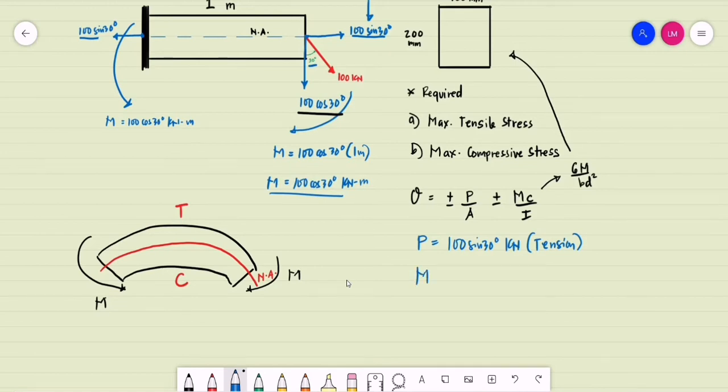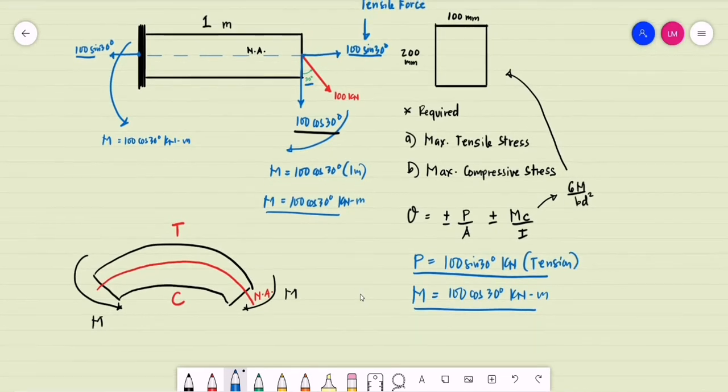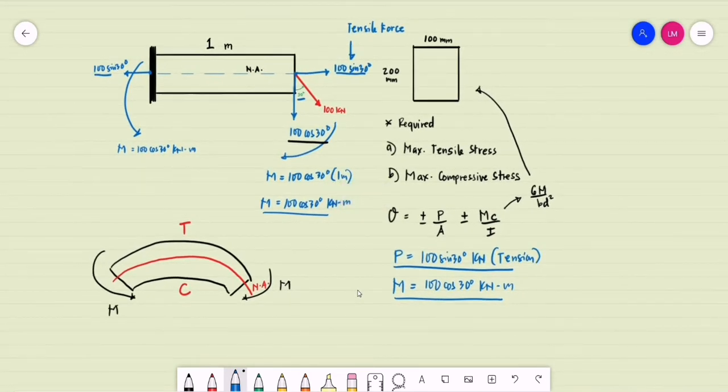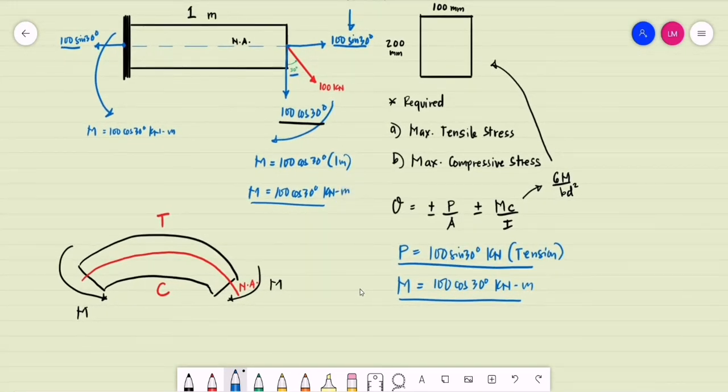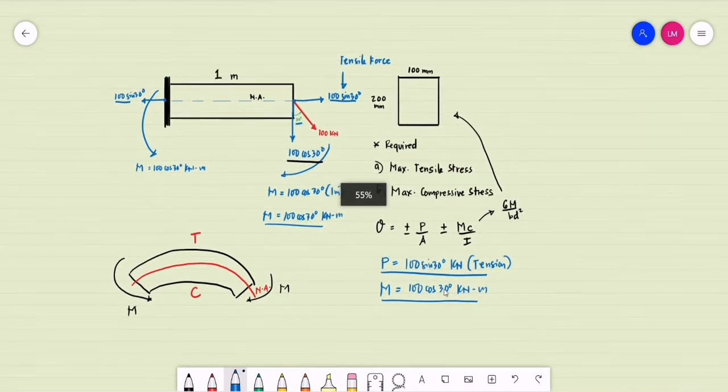It is 100 cosine of 30 degrees kilonewton meter. So we are to use these components: the axial force P, 100 sine 30 degrees kilonewtons, a tensile force, and the moment, 100 cosine of 30 degrees kilonewton meter.